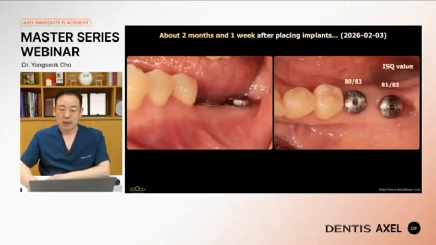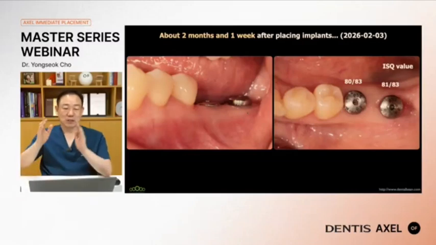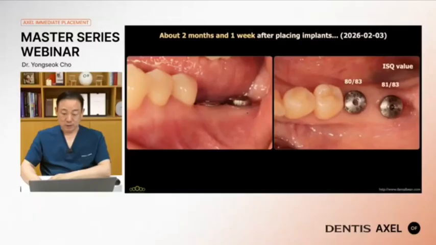Now it is healed condition. ISQ value good. Final depth of implant looks 4.5 in number 6 and about 3.5 at number 7. Okay, number 7, but 3.5 not bad. When position is good, it is not bad.